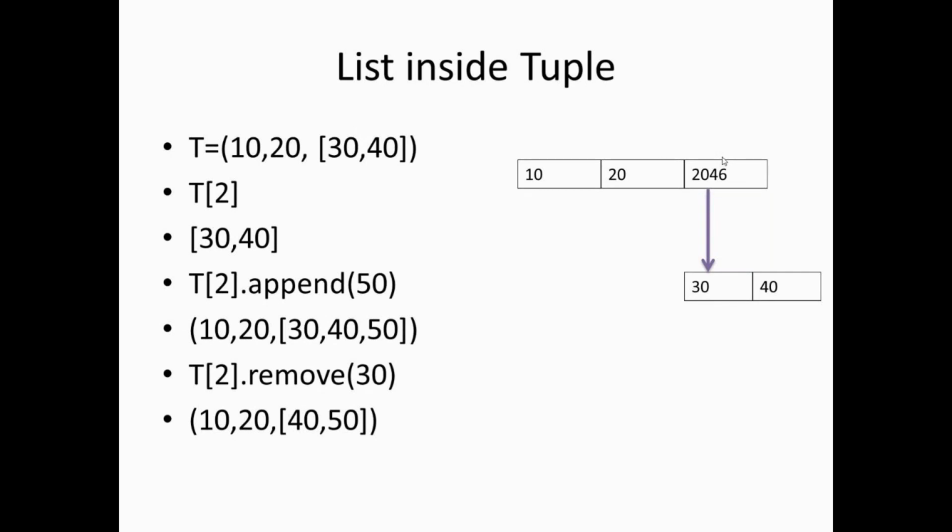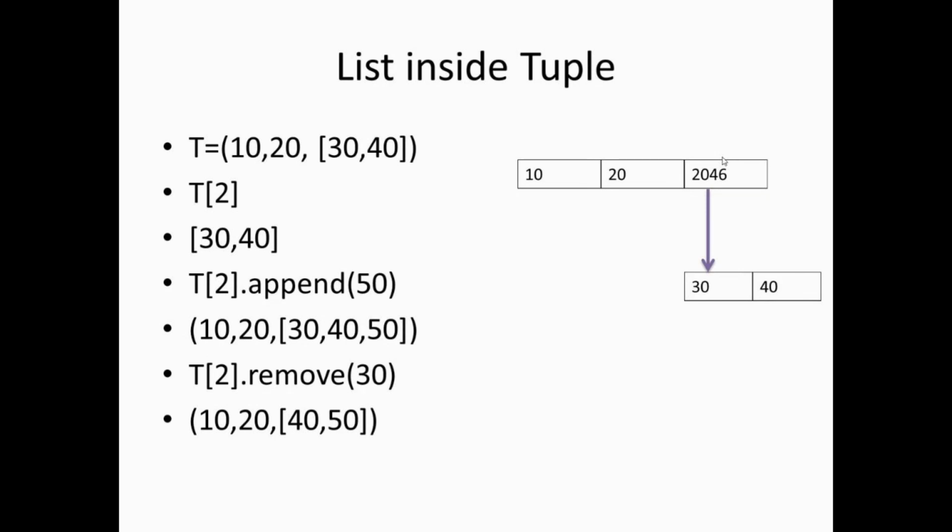So that list is pointed to by address 2046. We can manipulate the list because a list is mutable. So this is called a hybrid data structure. We can have a list inside of a tuple.